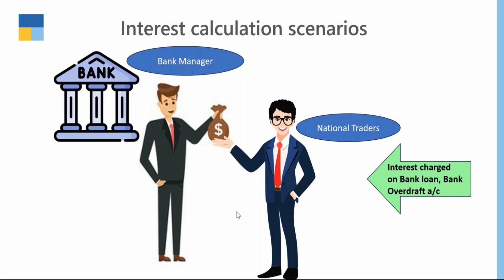For example, if you have a bank overdraft account or bank loan account, interest calculation can be enabled with the parameters, and based on the interest rate that you have set, Tally will be able to show you the interest calculation reports.